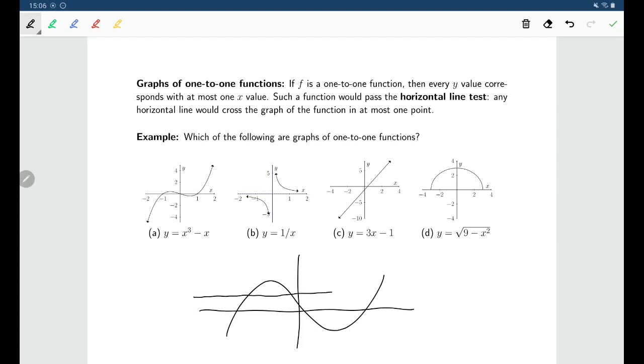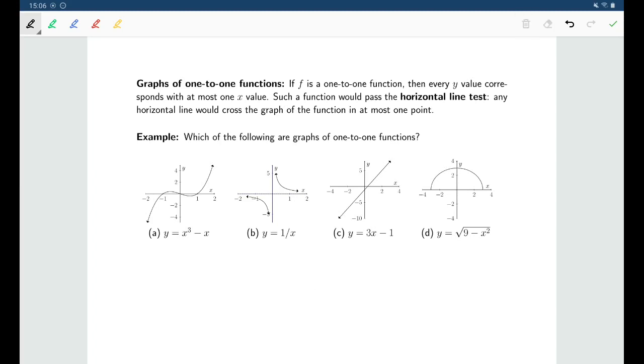Because if it passes through more than one point, then that would mean you'd have two different x values with the same y value. And remember, for a one-to-one function, if you have two different x values, you need two different y values. So that's the origin of this horizontal line test.